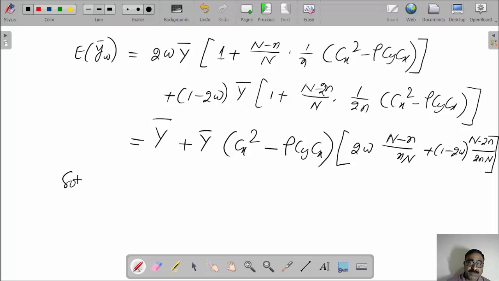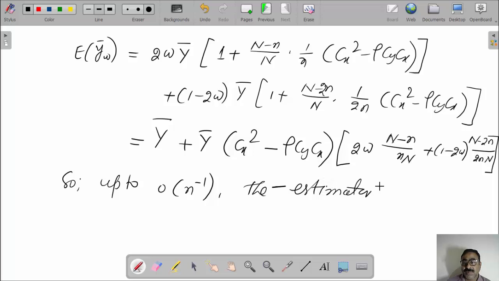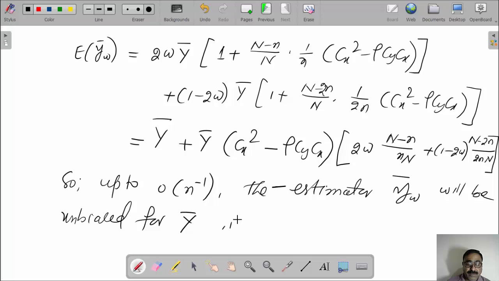So up to order of n inverse, the estimator y W bar will be unbiased for Y bar if this term will be 0.